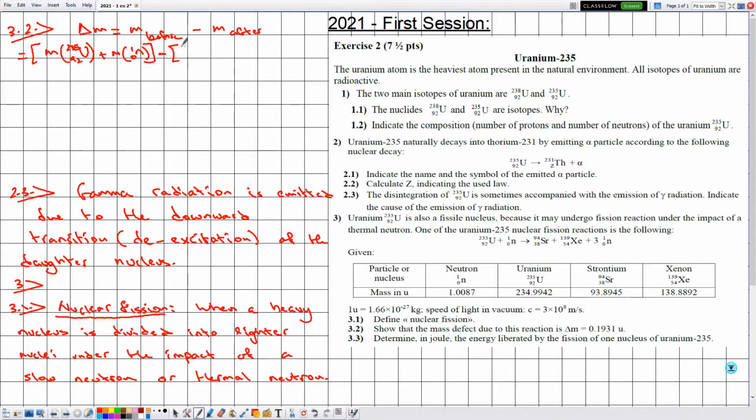So let me say that the mass of the following plus the mass of the xenon nucleus. Now here we should be careful because we have 3 neutrons and we should multiply this mass by 3.